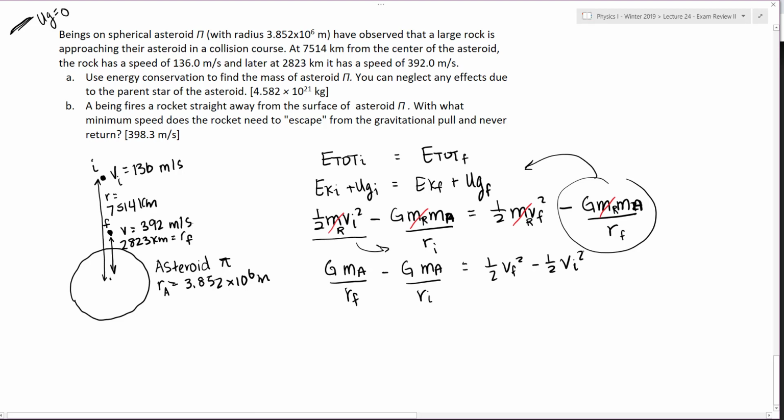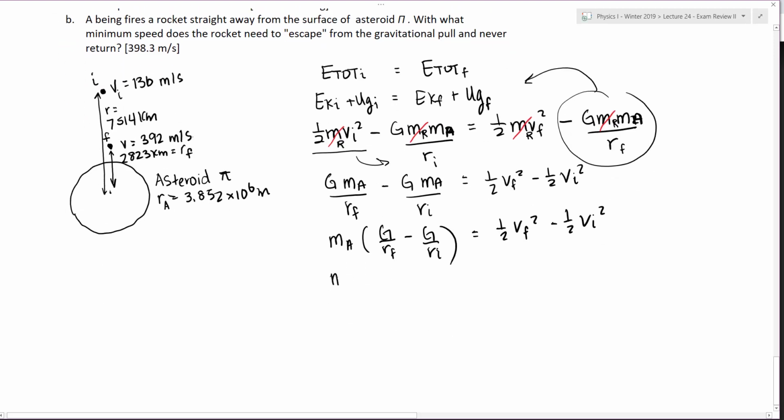Okay, again, I'm trying to solve for mass of the asteroid, so I'm going to factor it out. And now I'm going to solve for mass of the asteroid.